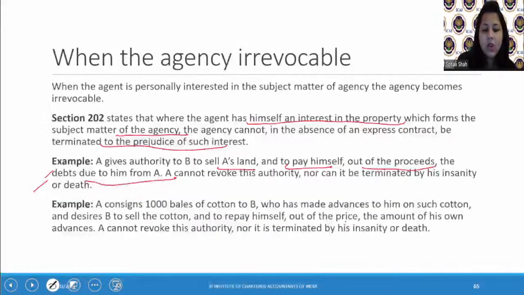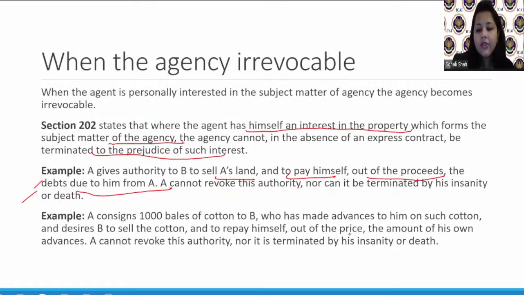Is this clear to all of you? Any confusion in these sections that we discussed today? Any confusion in these sections, guys? Because I'll start with the General Clauses Act after this.